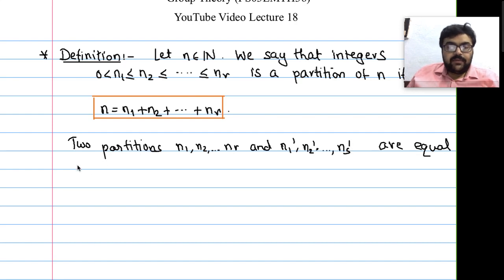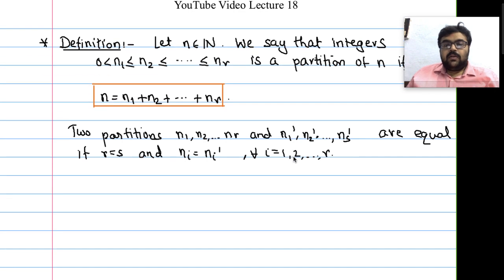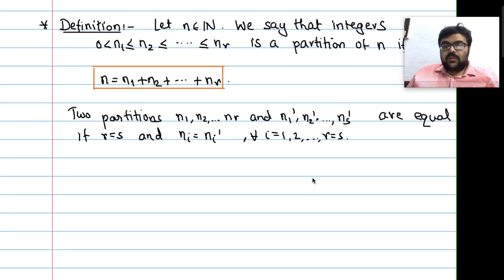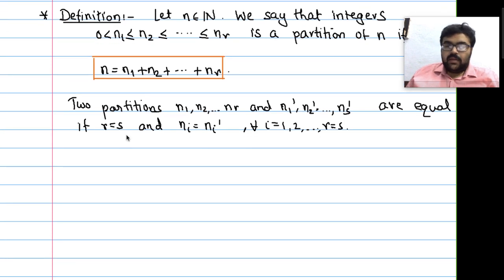They are equal if first of all we have r equals s, the number of parts has to be the same, and ni equals ni prime for all i equals 1 to r. So two partitions are equal if the number of parts is the same and the corresponding integers are also the same.